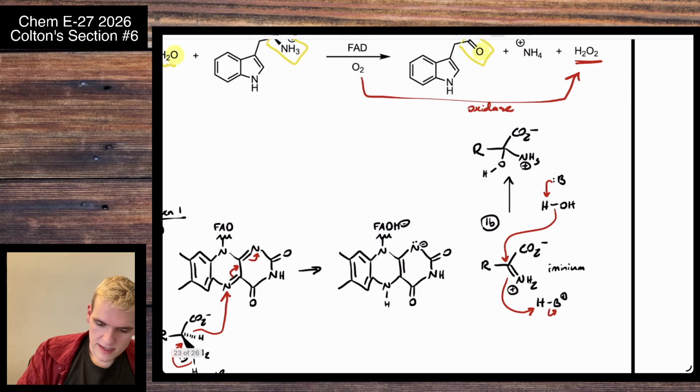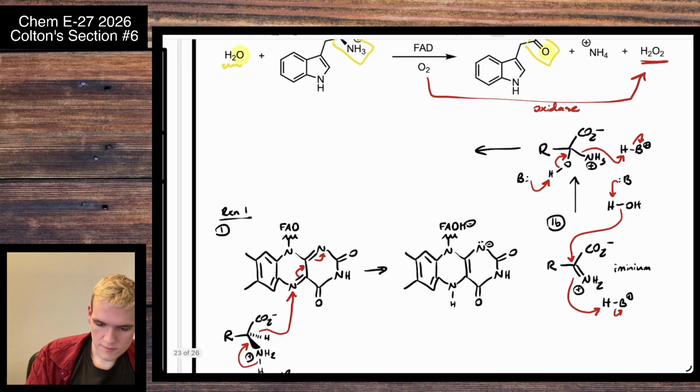And then from here, we're going to enlist our general acid-base friends again. We are going to deprotonate the OH from our hemiaminal intermediate. Push down, make a carbonyl. And then we are going to kick off our ammonia as an ammonium.